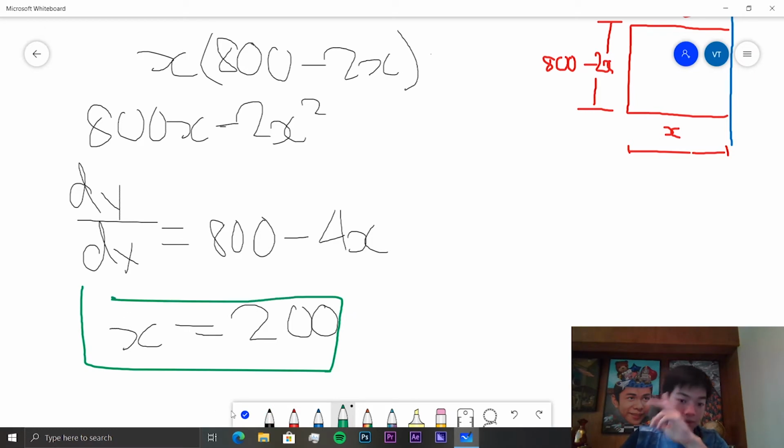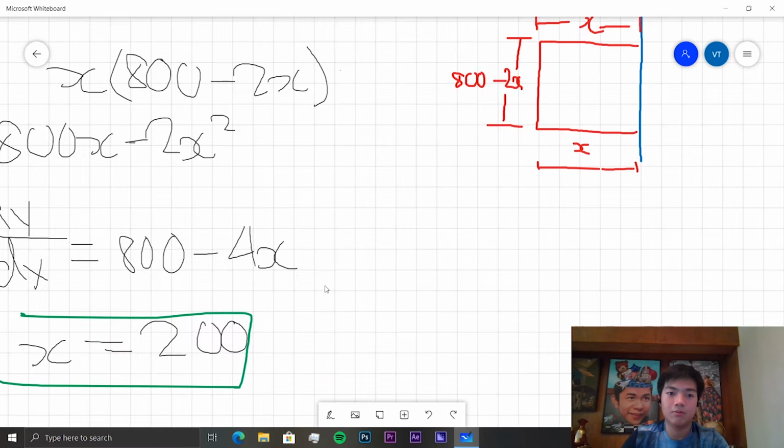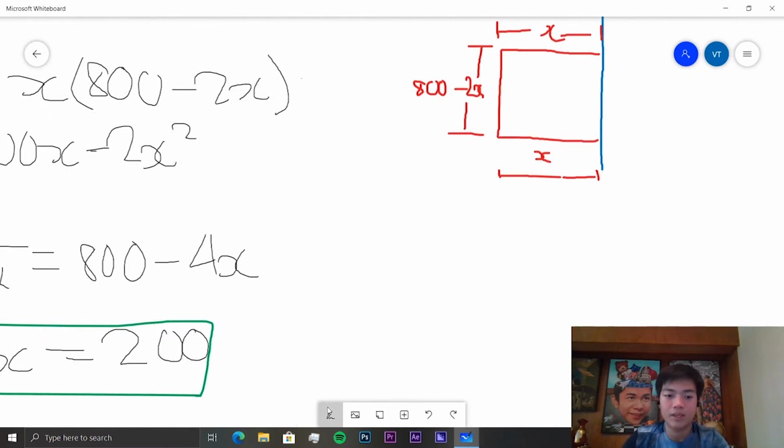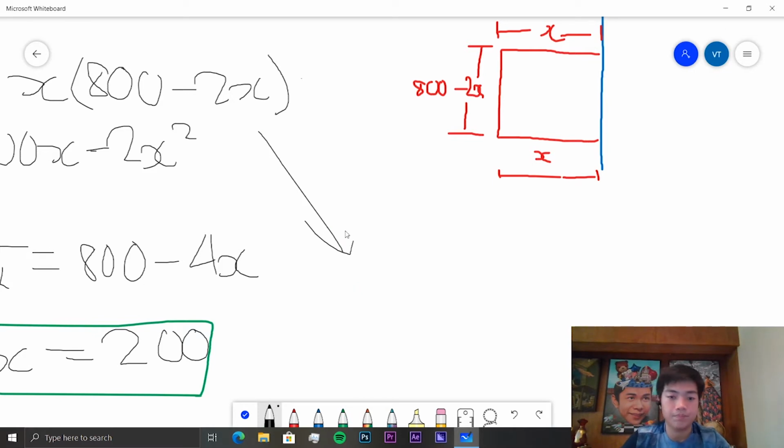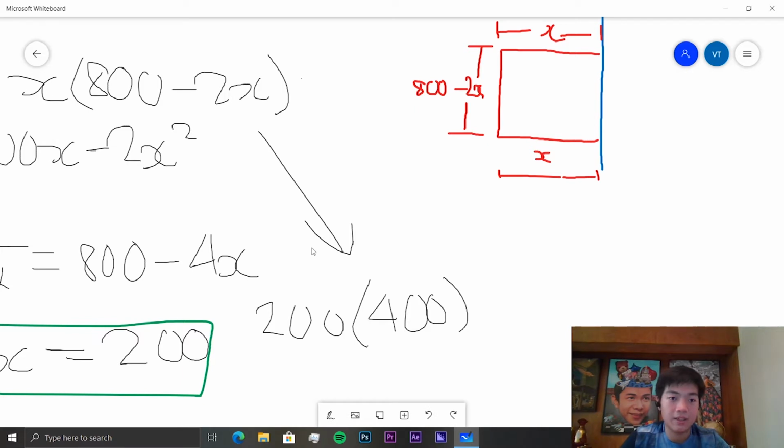So we just now need to find the maximum area. So the maximum area is, well, we can use this function again. So this will be equal to 200 times 800 minus 2 times 200, which is 400. And so the maximum area we can enclose will simply be 80,000 square meters.